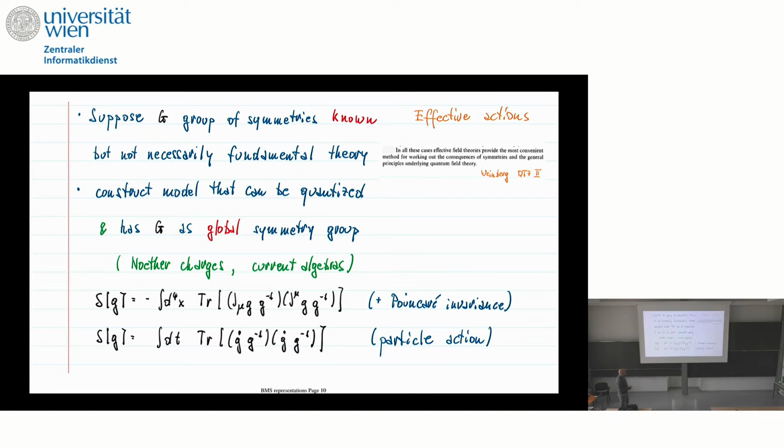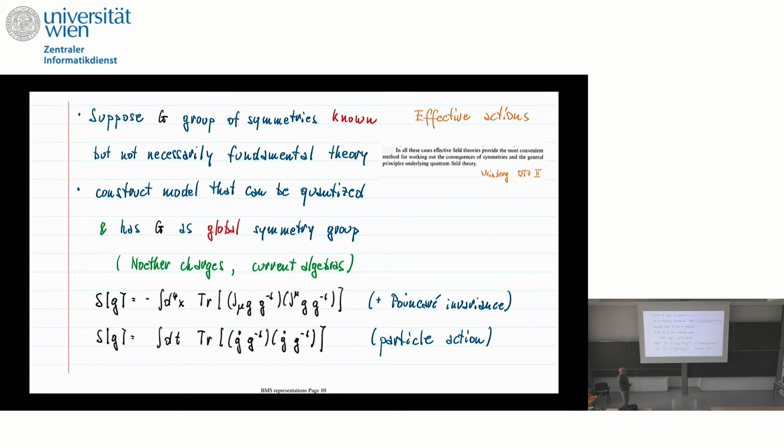So that's the idea. And if you are in the fortunate case that you have a Killing metric on this semi-simple, let's say, Lie group, so that you are sure that you have a Killing metric, then, for instance, the kind of pion effective actions that people have been considering are really this kind of effective action. So you really do dg g^-1, you take as base space spacetime. In this case, because they really wanted to do particle physics, you have also Poincaré invariance built in, because the indices are contracted, but Poincaré invariance is not the symmetry you are after.